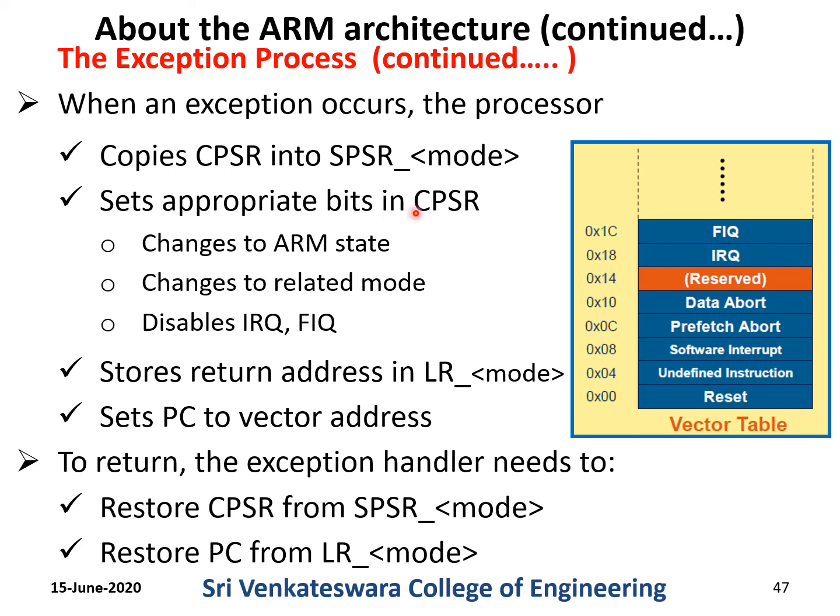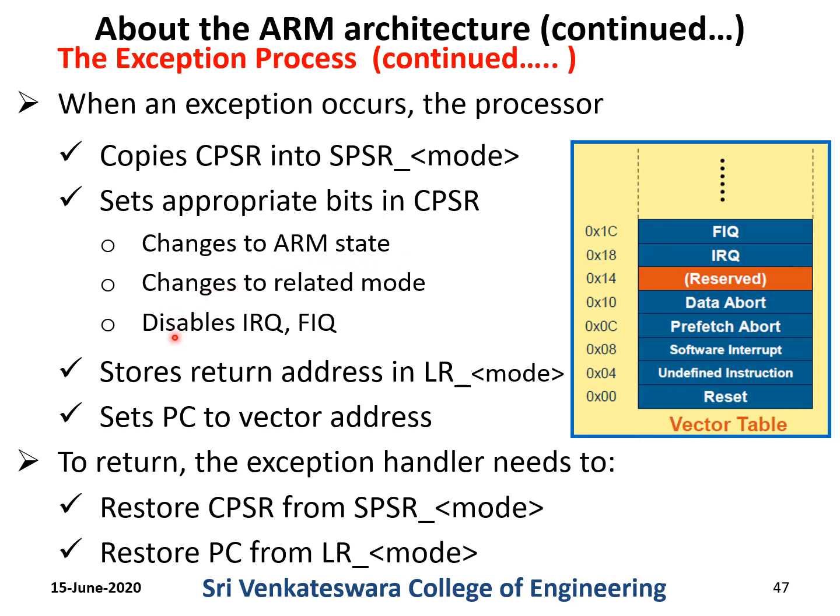So the corresponding bits in the CPSR register are altered to change into the ARM state. And also the mode bits are changed. The mode bits and the T bit, which indicates whether the processor is in thumb state or ARM state, are all changed.